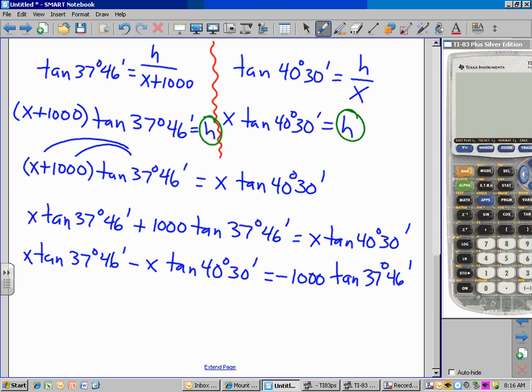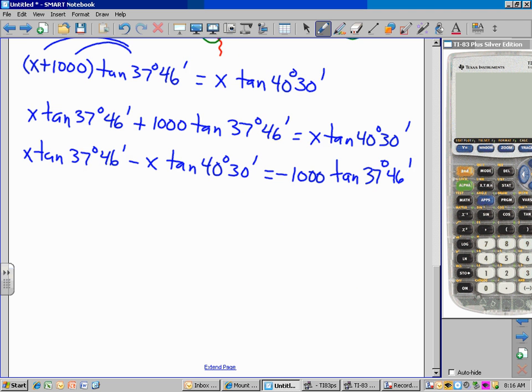It doesn't matter which side you move it to, left or right, whatever you want to do there. Factor out an x.